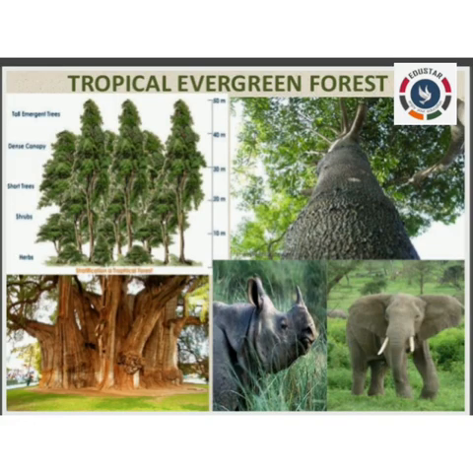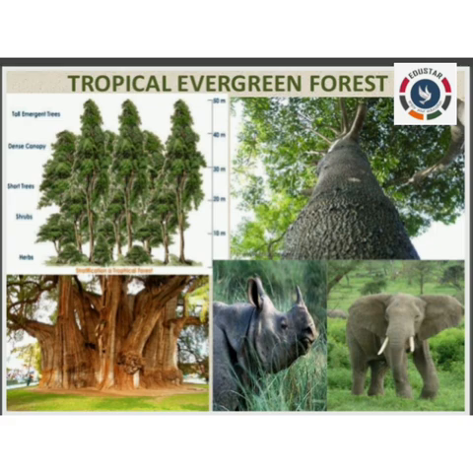A small recall. Evergreen forests are also known as tropical rainforests. They have tall trees that do not shed their leaves at all. They remain green throughout the year and are found in hot and wet regions.